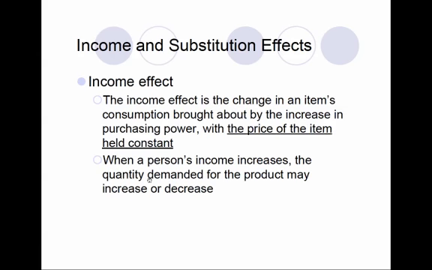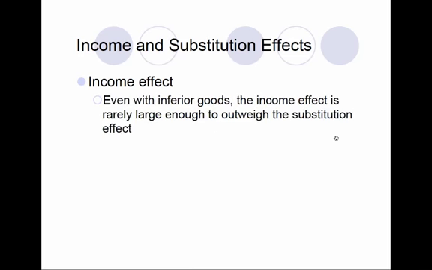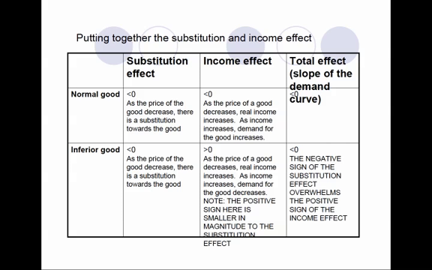Now, in the case of the income effect, we're going to see that that's not always going to be the case. Rather than holding the level of utility constant, which is what we did for the substitution effect, now I'm going to hold the price of the item constant. And what we see here is that it's going to be different depending on whether they are normal goods or inferior goods.